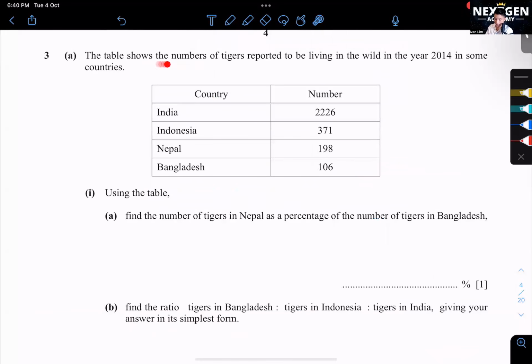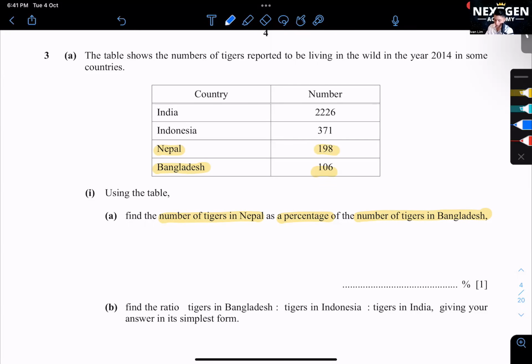Number 3. The table shows the number of tigers reported to be living in the wild in the year 2014 in some countries. Using the table, find the number of tigers in Nepal as a percentage of the number of tigers in Bangladesh. So we want Nepal over Bangladesh, as a percentage.